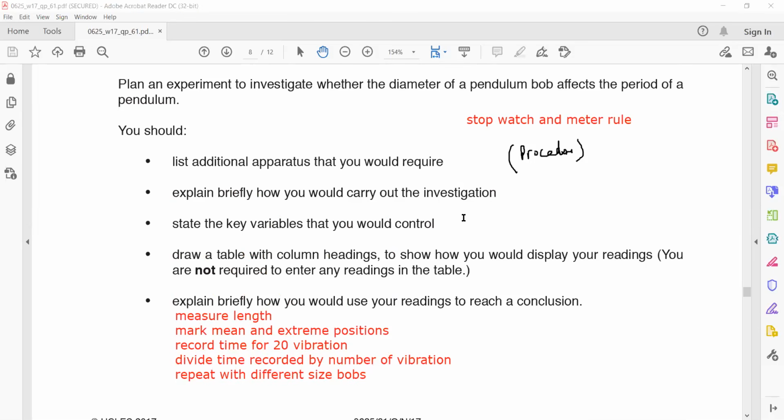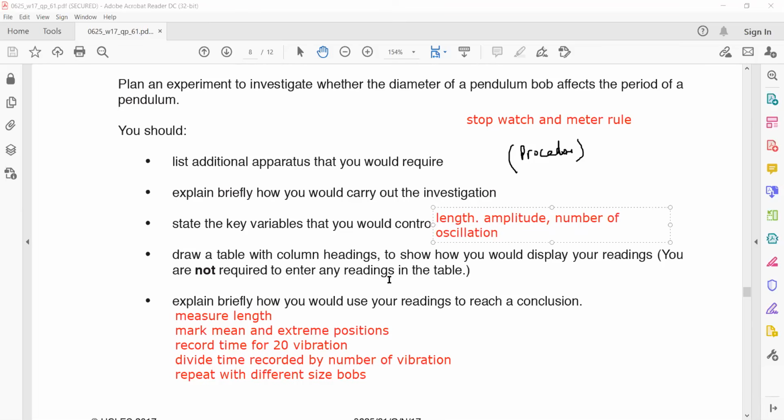So the key variables are the original length of the pendulum and the amplitude, the displacement, and the number of oscillations, not the time interval. Like we record the time for 20 vibrations for all of them.